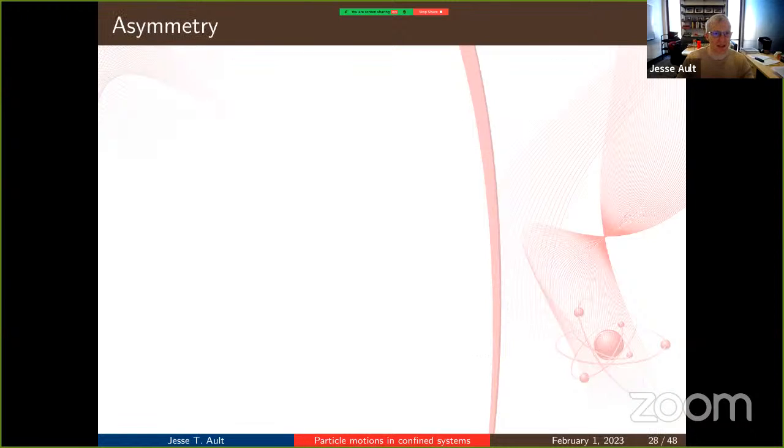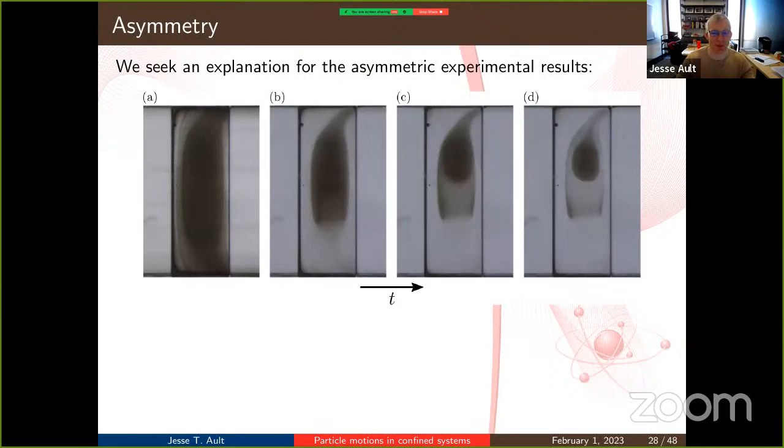Finally, this idea of asymmetry, like I mentioned in the experimental results, we have some observations where the flow is clearly asymmetric. And so we're wondering, is the symmetric solution itself unstable or something? Is there some kind of symmetry breaking going on?